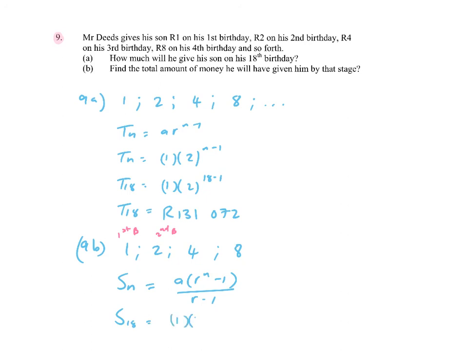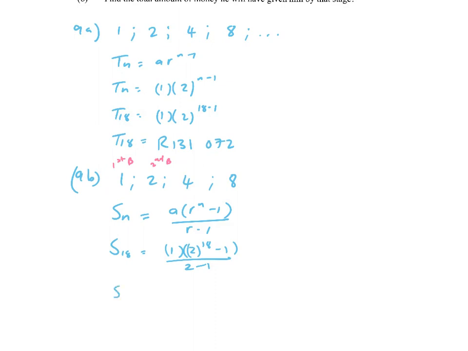The ratio is equal to 2, so 2 to the power of 18 minus 1 over 2 minus 1. And if you type that in your calculator, you're going to get 262,143 rand. So up to that age, he's received 262,143 rand from Mr. Deeds.